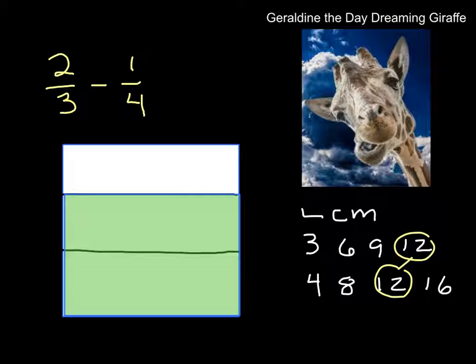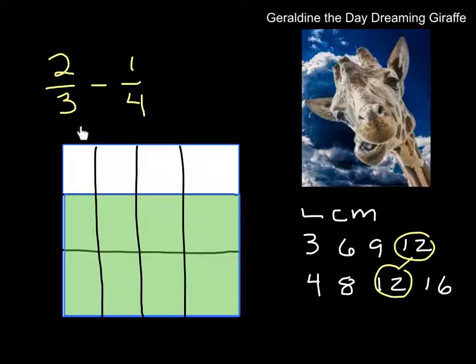I got 1 line, 2 lines, and 3 lines. Now that gives me 1, 2, 3, 4 parts, which is what I had wanted in order to get 12ths. So watch, now I have 12 little boxes: 1, 2, 3, 4, 5, 6, 7, 8, 9, 10, 11, and 12.